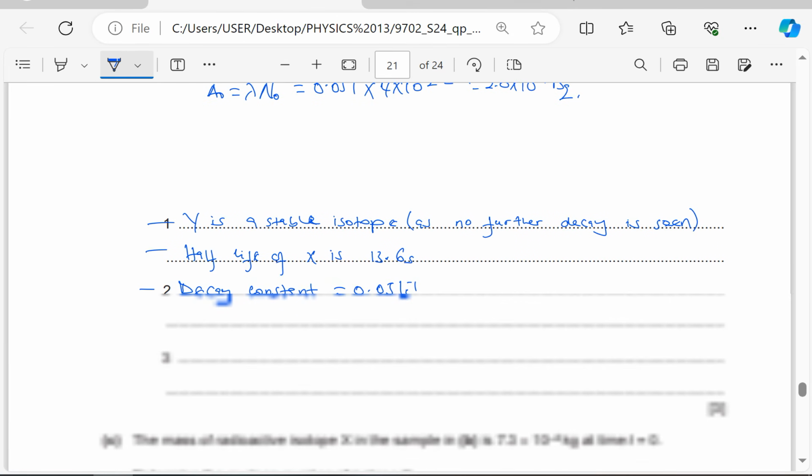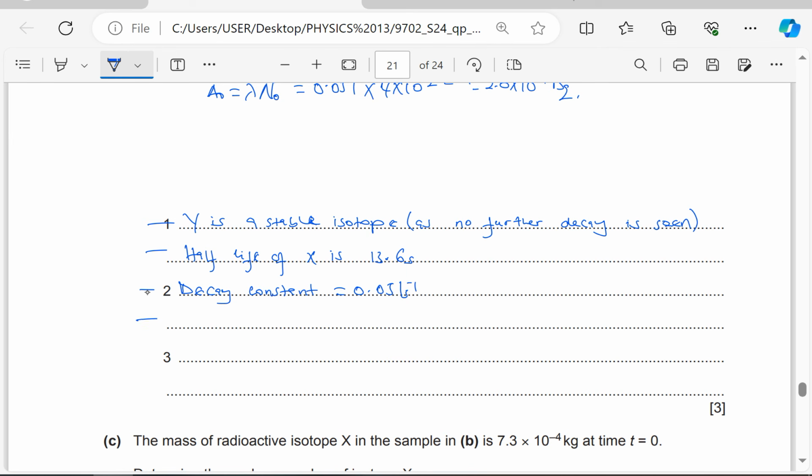So the activity of X at t equals 0 seconds is 2.0 times 10 to the power of 21 becquerels.